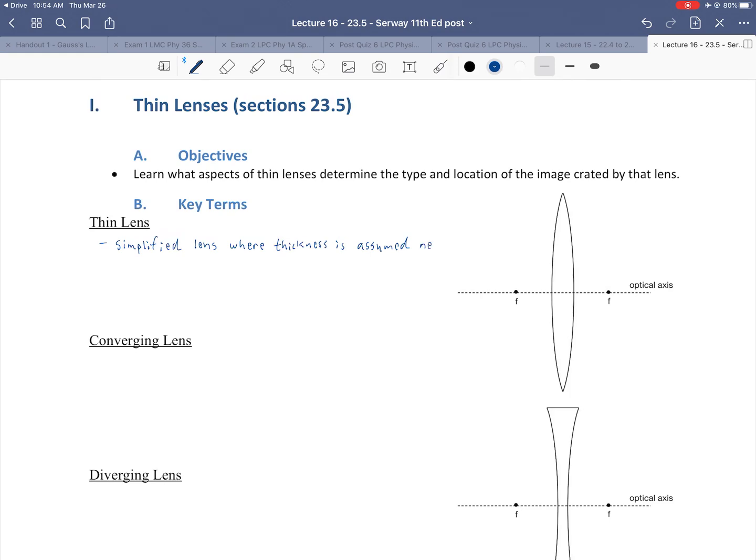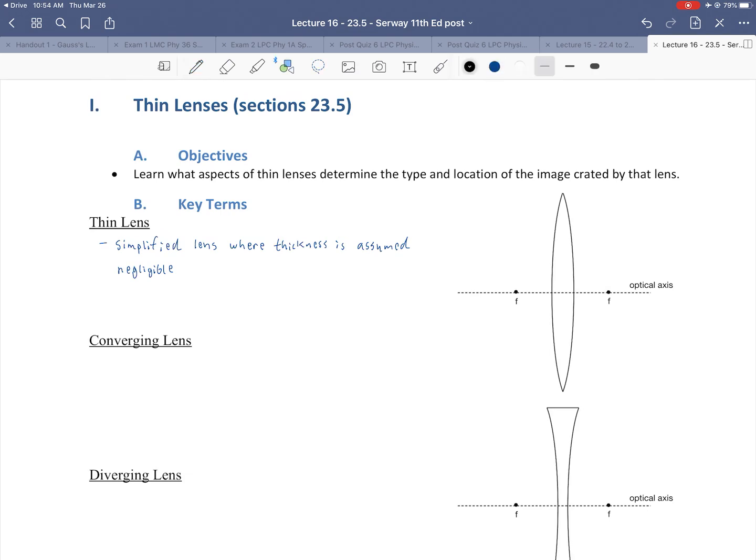And why we make that simplification is because that way we do not have to worry about multiple refractions, at the first interface and second interface of the air to lens, or whatever surrounding fluid to lens, and then back to that surrounding fluid. Instead, we only have to make a single refraction, or you can think of it as taking both refractions and condensing them down to one.